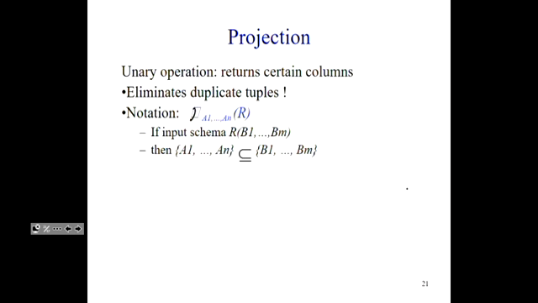So the pi operation is the projection operation. The notation once again is pi. And the way I select a set of columns that I care about, let's say I want to select A1 through AN, is basically to list them as subscript of pi. And so if the input schema is B1 through BM, then I need A1 through AN to be a subset of B1 through BM.